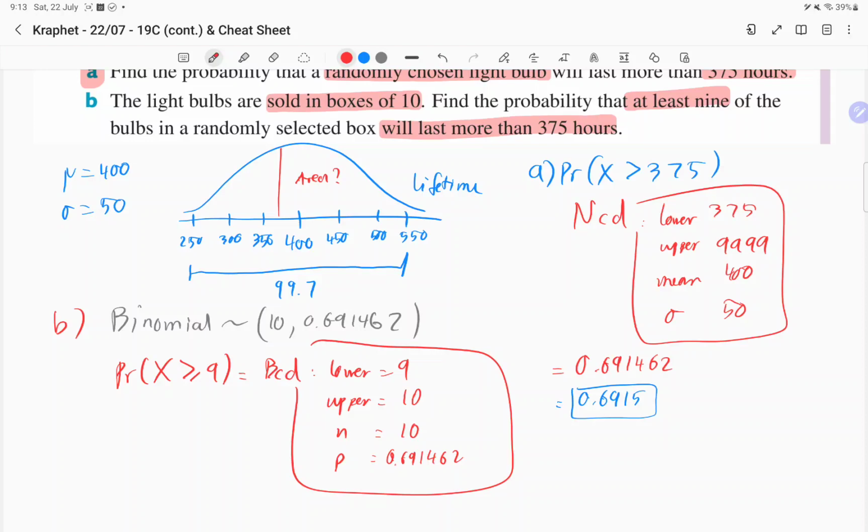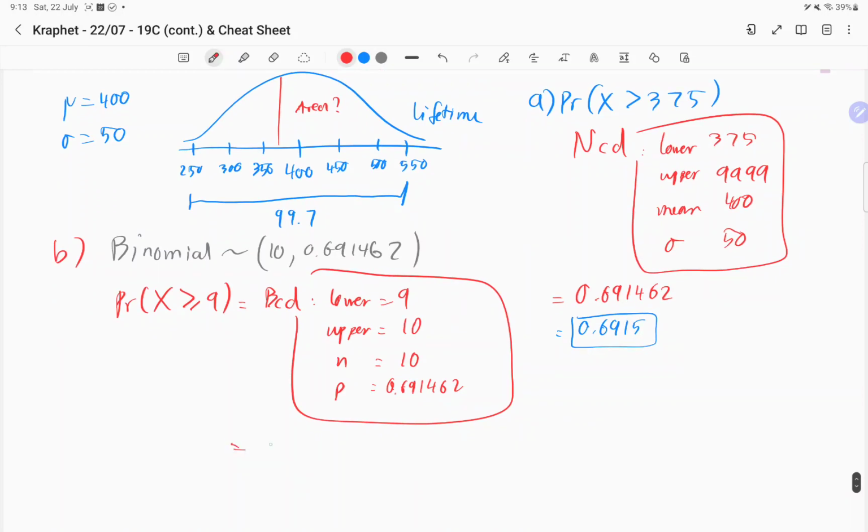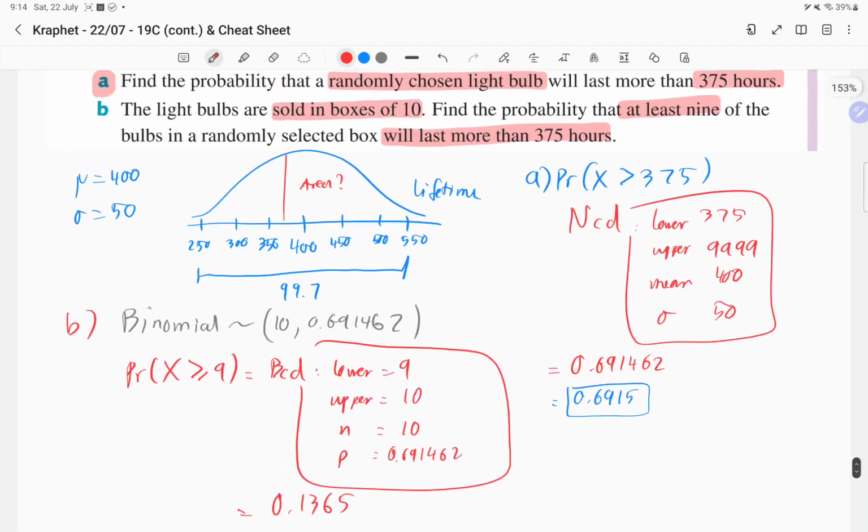Oh, it's still 0.1365. That's strange. Yeah, 0.1365, definitely. I think the textbook is doing something a bit strange here. They got a little bit lower. Let me see what they started with.